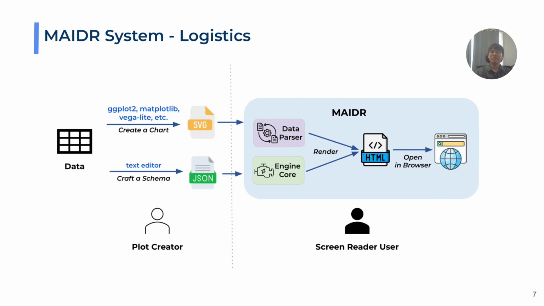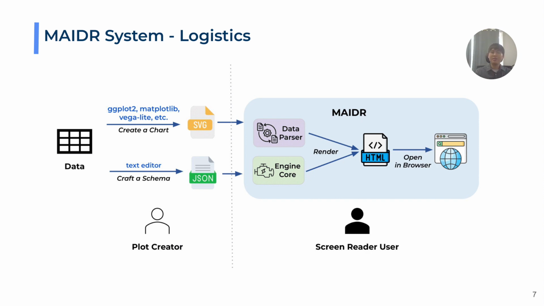The MAIDR system requires 2 components from creators, a plot image file and a metadata file containing visual agnostic attributes. For the image file, the MAIDR system accepts both raster and vector formats, although visual highlights are only available for SVG files.